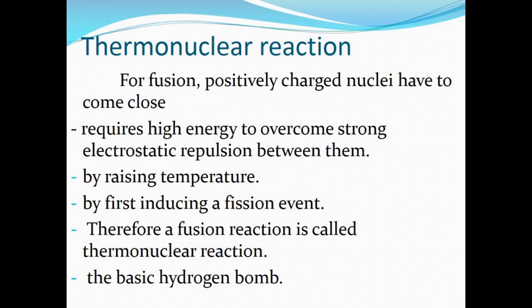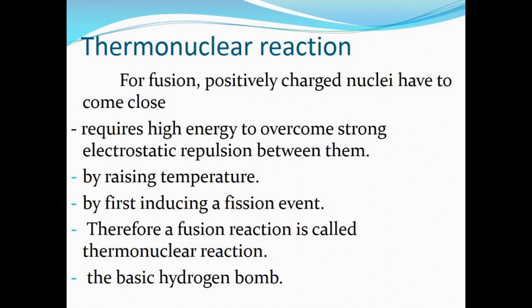Therefore, a fusion reaction is called a thermonuclear reaction, which is the basic principle of the hydrogen bomb. In the case of a hydrogen bomb, you can see that a fission process takes place first and after that a fusion, with the help of raising the temperature.